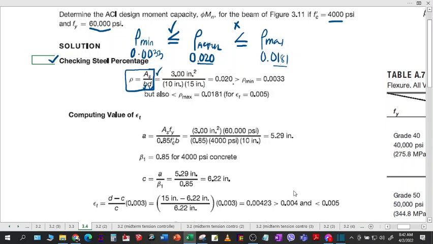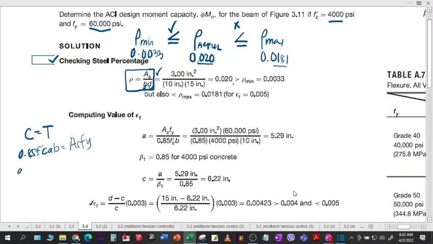First, we calculate for the value of A, because our goal here is to solve for the tension strain in steel. Okay, so let's compute for A. We know that C equals T, and C is 0.85 FC prime AB, and T is AS FY.